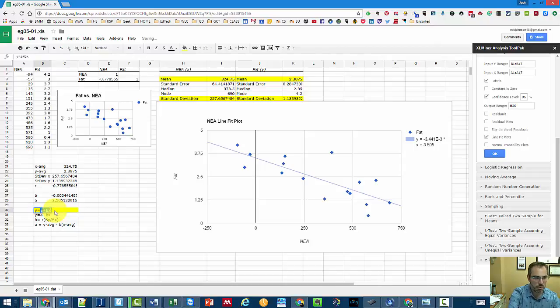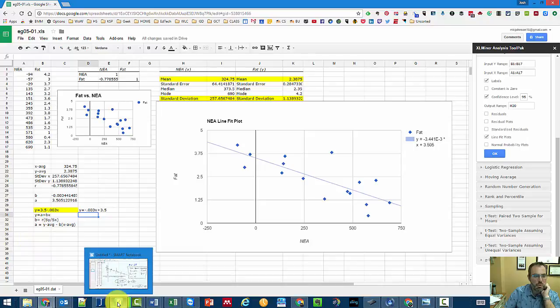We had y equals 3.5 minus 0.003x. All right, that's what they have, but they wrote it in this form: y equals negative 0.003x plus 3.5, which is a little bit more like the form I would normally go with.